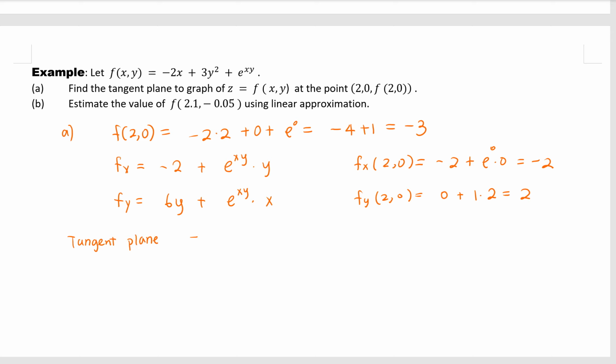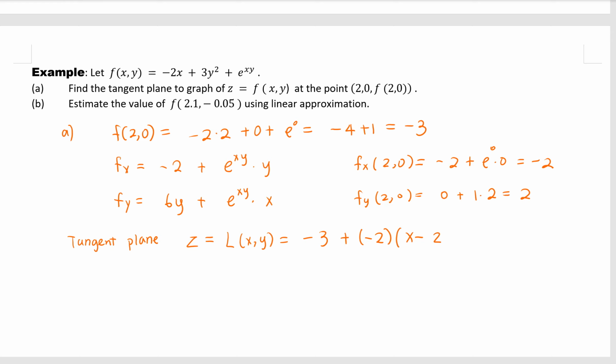So the tangent plane z equals, what is that? Oh, we can also say z is a function of xy, a tangent plane. It's a linear function in xy. Okay, so that equals f(2, 0), negative 3, plus partial f partial x evaluated at the point, negative 2, times x minus the x coordinate of the point.